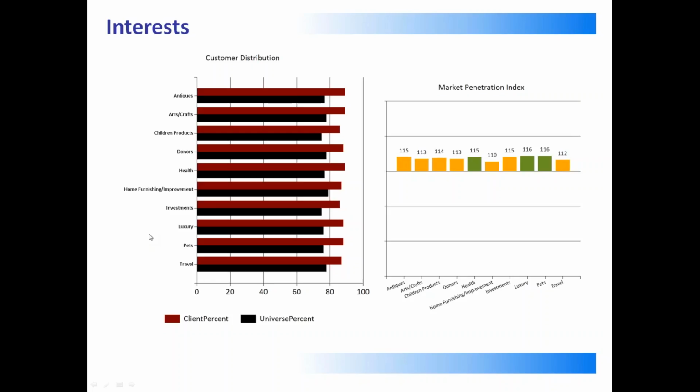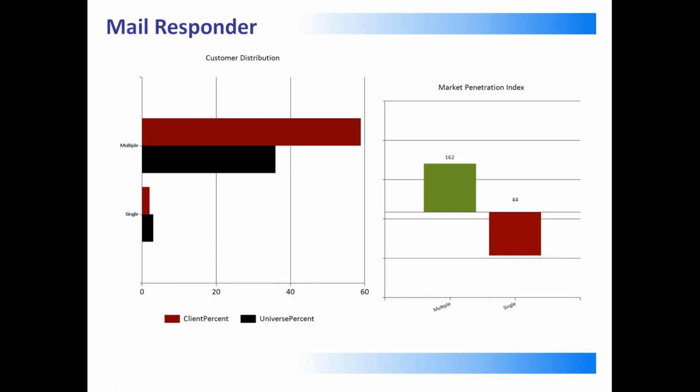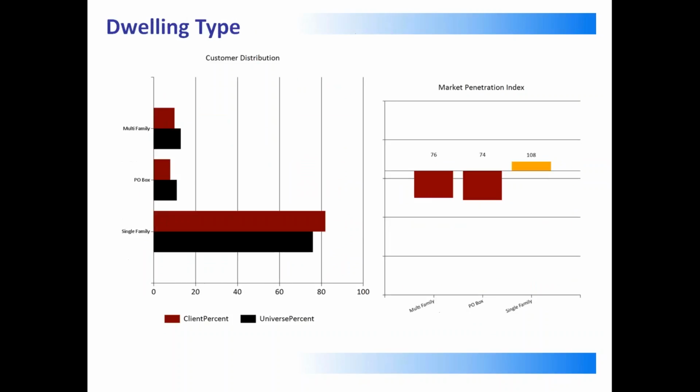So we use what we call the usual suspects for these initial proofs of concept like this, just to try to flesh out what is most likely going to pop. And as you saw, yeah, interests didn't pop. There were only moderate index values, but we saw some real strong index values here for donor behavior and mail responsiveness and home value, et cetera.